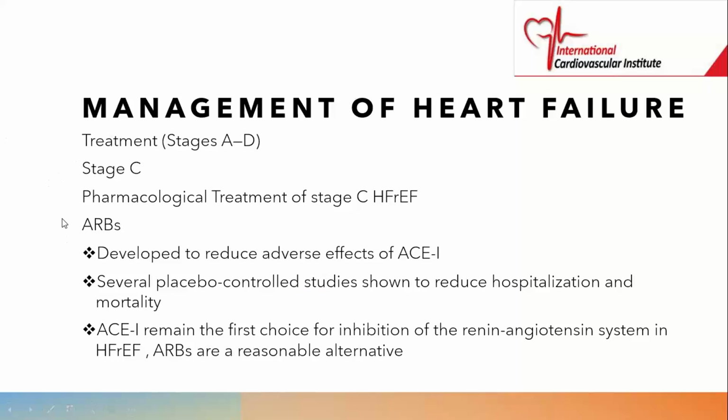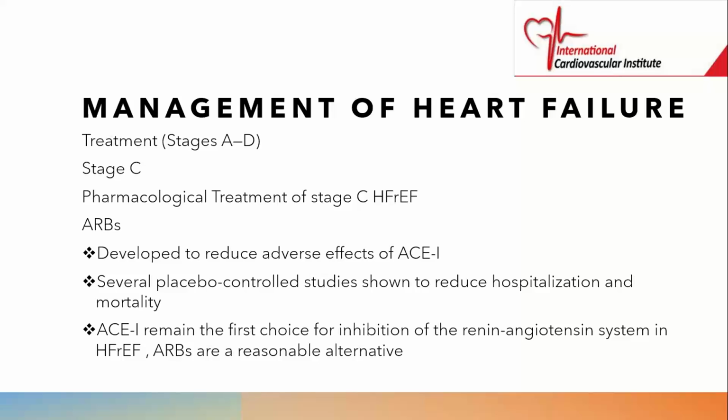So the ARBs, angiotensin receptor blockers, were developed to reduce the adverse effects of the ACE inhibitor. And several placebo-controlled studies have shown that they reduce hospitalization and mortality. ACE inhibitors, however, remain the first choice for the inhibition of the renin-angiotensin system in heart failure patients with reduced ejection fraction.